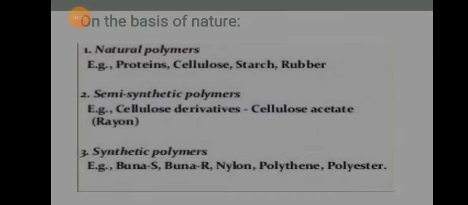In the case of natural polymers, the examples are protein, cellulose, starch, and rubber. The semi-synthetic polymers are cellulose derivatives, cellulose acetate, and rayon. And the synthetic polymers are Buna-S, Buna-R, nylon, polythene, and polyester. Some of the polymers we will see in summary in this video only.